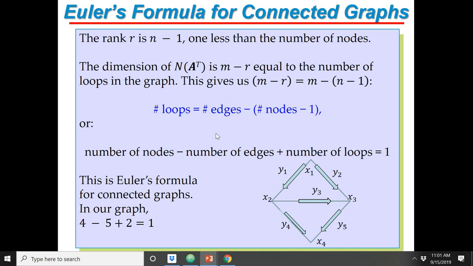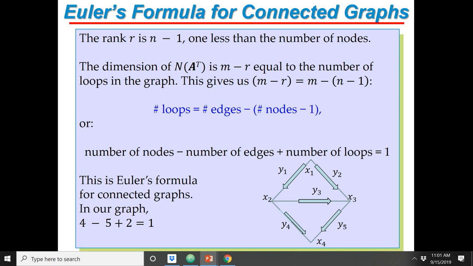We have 5 edges. So this is 4 minus 5 plus 2, equal to 1. And it comes out equal to 1, as you see here in Euler's formula.